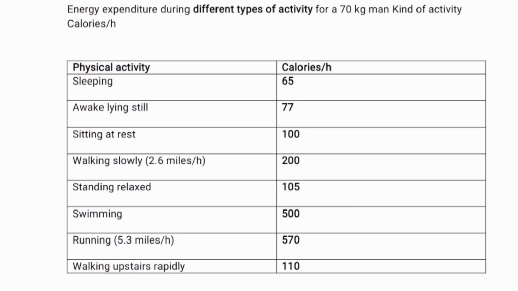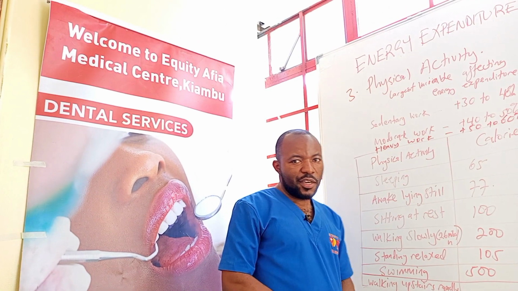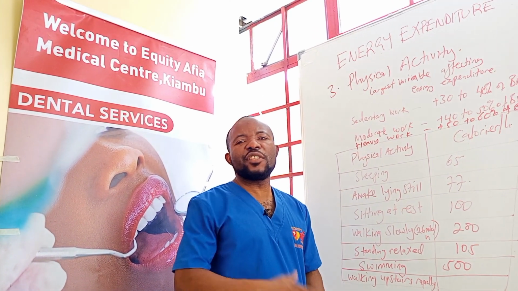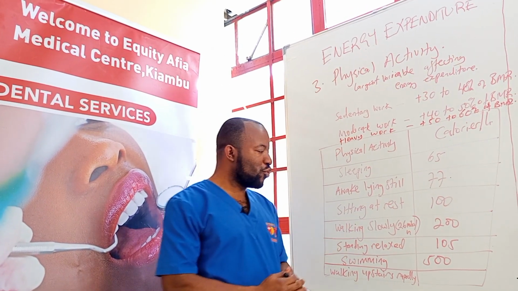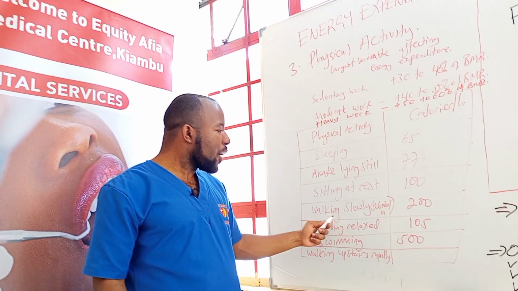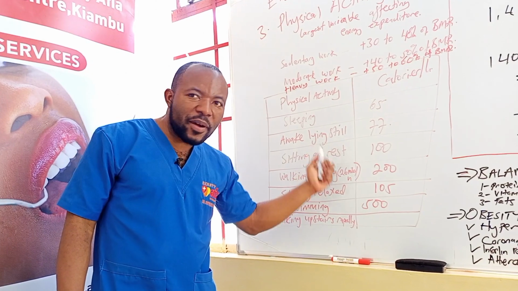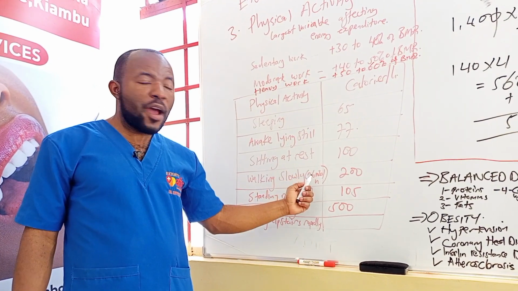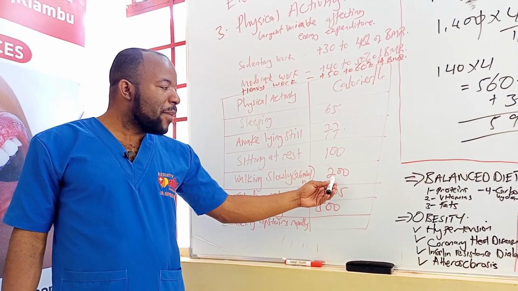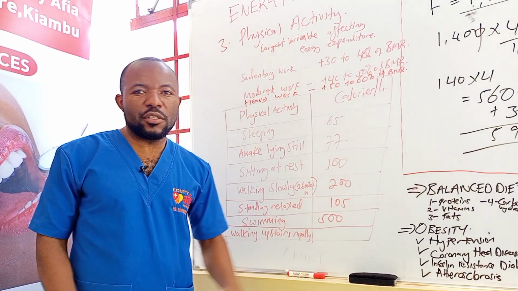If you are walking slowly, now this comes to people who always walk in the evening. Most of them realize that they are not losing as much as they think they should lose. It's because we're walking 2.6 miles per hour. 2.6 miles per hour will only help you lose 200 calories.